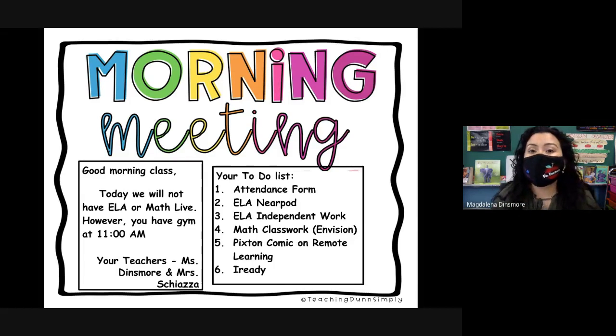Now, if you're going to tell me, oh, I can't figure out Pixton, or oh, it doesn't work for me, then it's okay. You're going to do something different. You're going to type a story, and then you're going to send it to me in a comment. So in a comment, you're going to say, hi, my name is Zoe, and I feel like remote learning is really cool. And then you're going to say a whole bunch of things that were really cool about it.